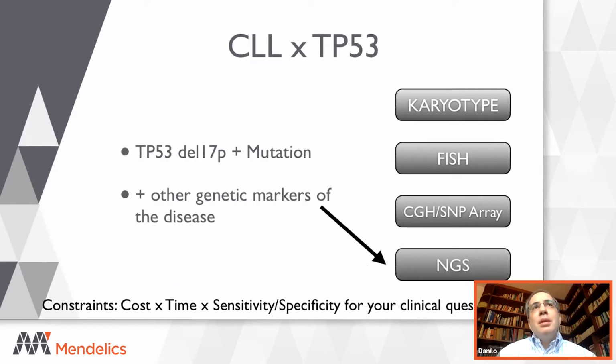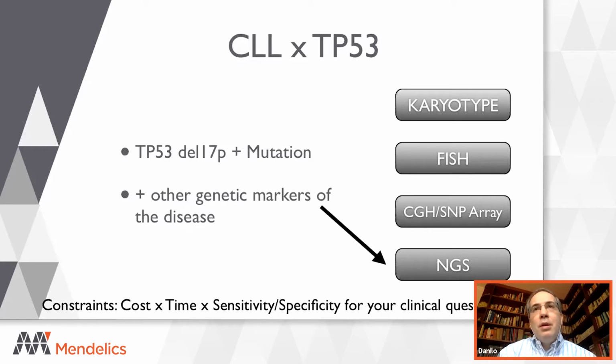So in this situation, NGS could be, for example, and this is purely hypothetical, a test that could substitute all the others. And this is specific. If I can design a test specific for the disease I'm working on, then I could design a test that will search for deletion of 17p, and I could design a test that will look for TP53 mutations, and also look for other genetic markers of this disease.